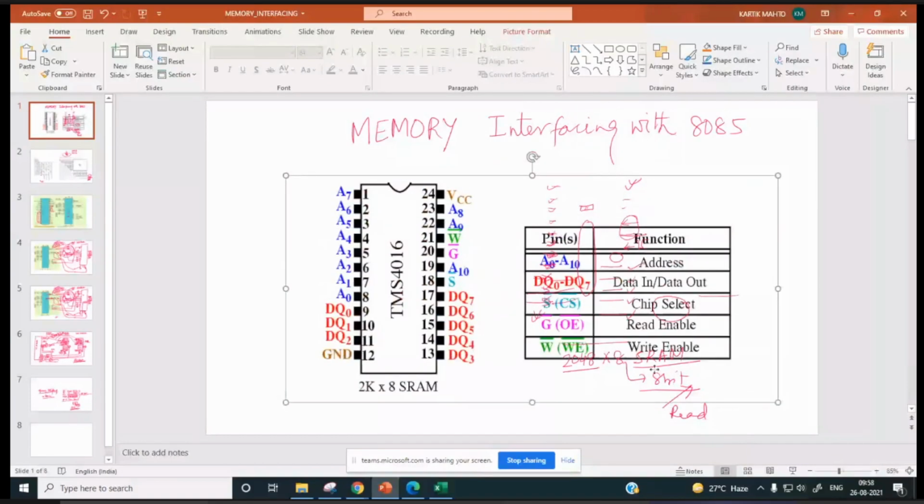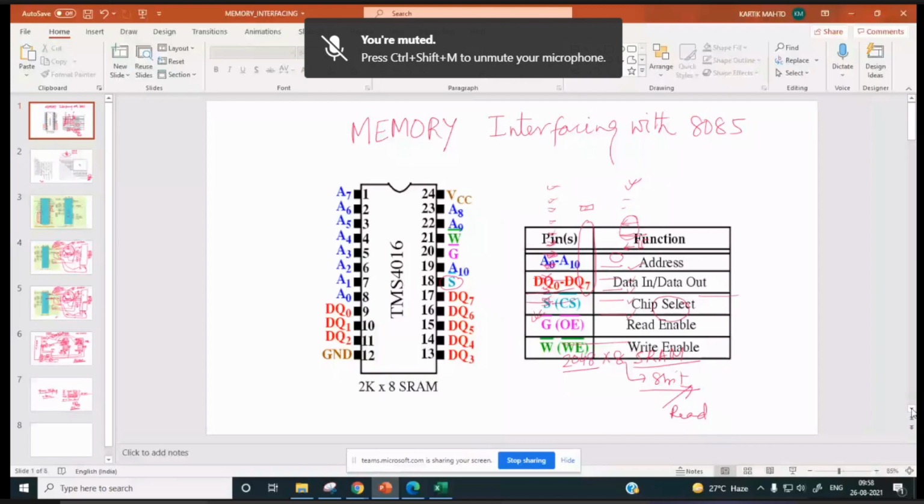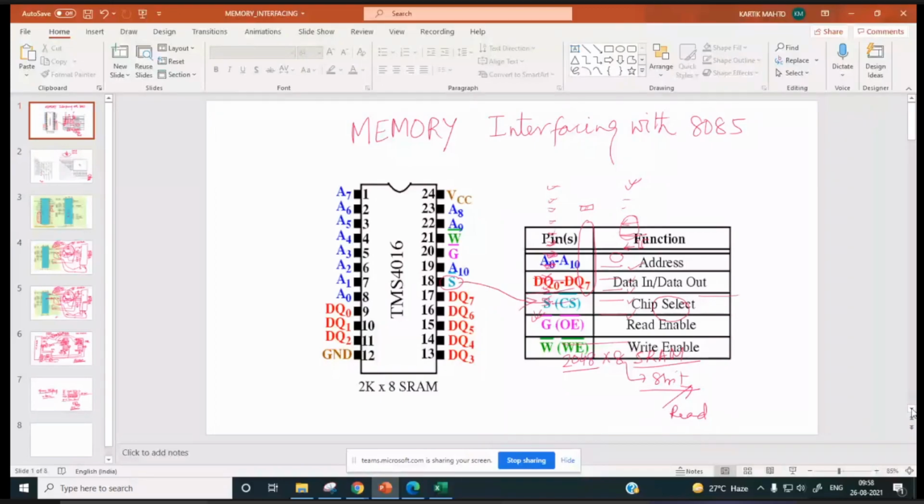Now you can see one pin is there, pin number 18 over here. This is used for chip select. So A0 to A10, and A11 to A15 will be properly decoded to get this chip select, so that a unique address for these 2048 locations will be assigned.